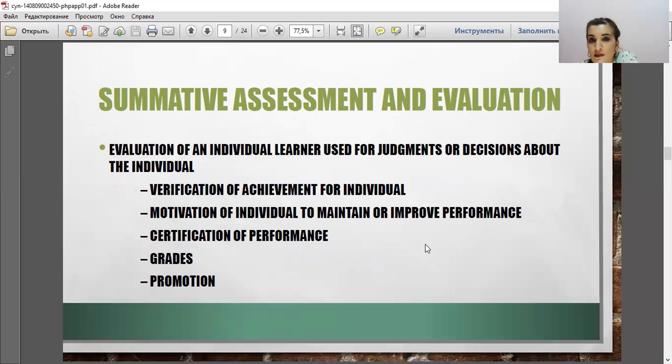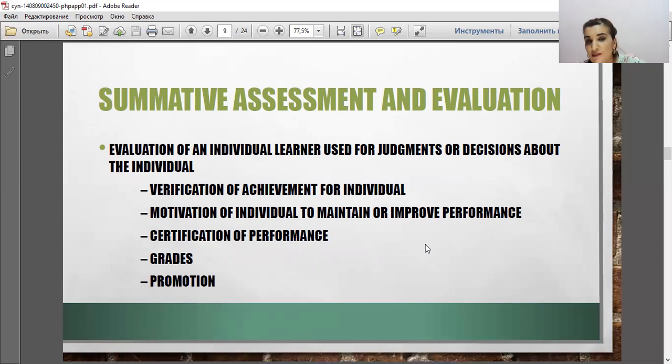Summative assessment and evaluation. Actually, this kind of evaluation of an individual learner used for judgments or decisions about the individual, verification of achievement for individual, motivation of individual to maintain or improve performance, certification of performance, grades, and promotion.